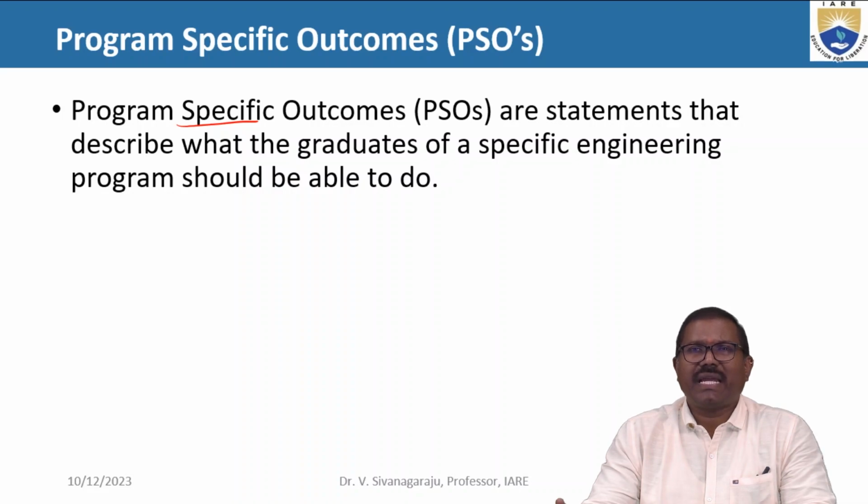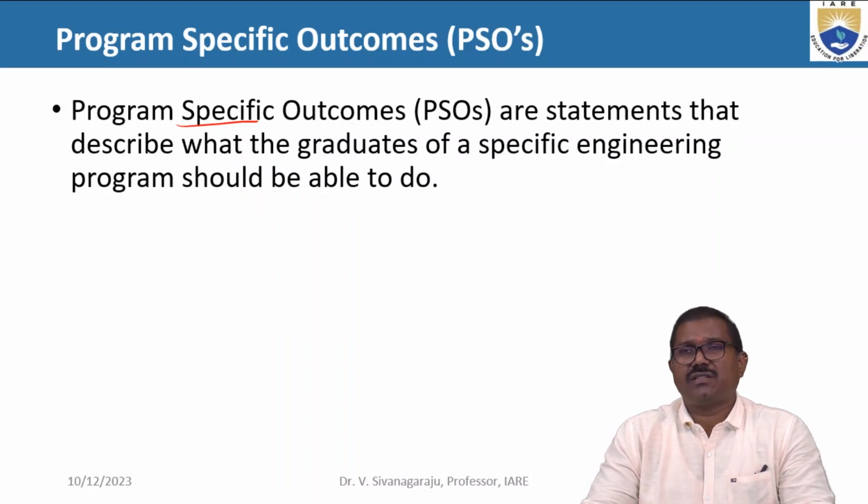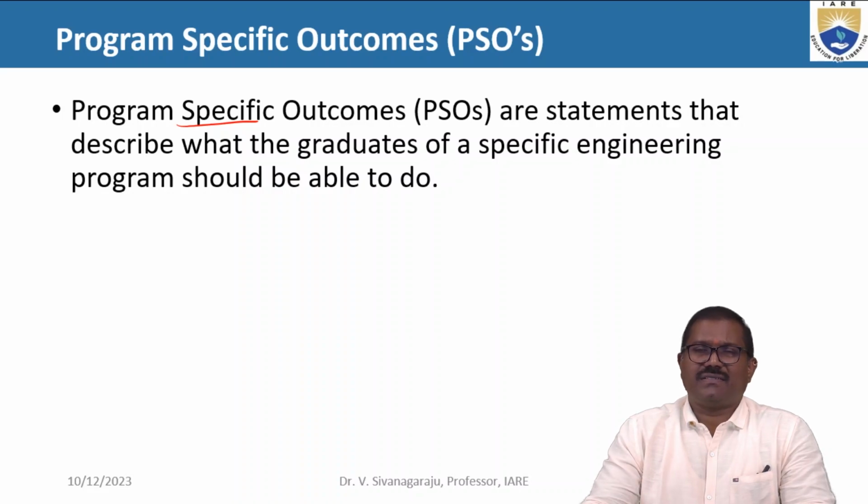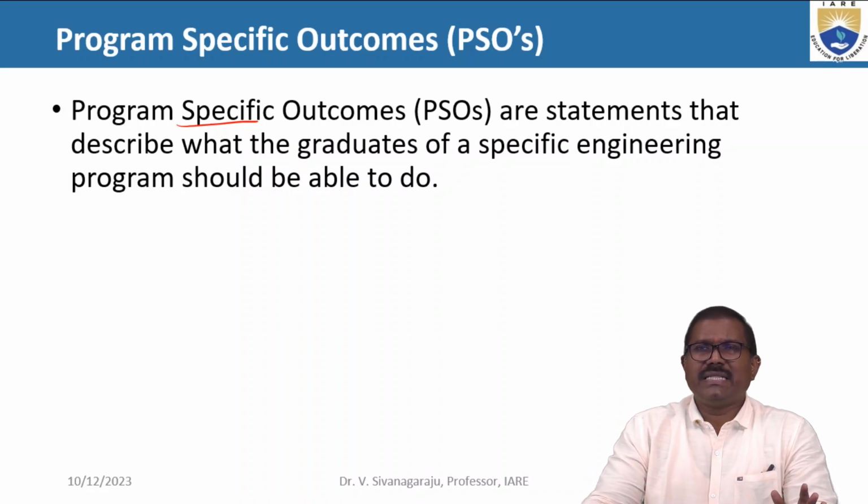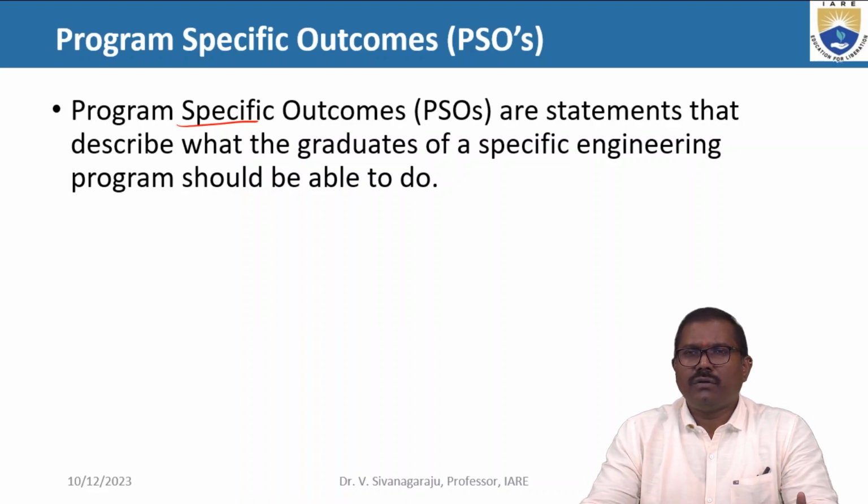Here, for the PSO, the student may be in the domain of embedded systems, maybe in the domain of antennas, maybe in the domain of real estate. In these three domains the students can do any experiment or any entrepreneurship. That is a program specific outcome that the student can do.